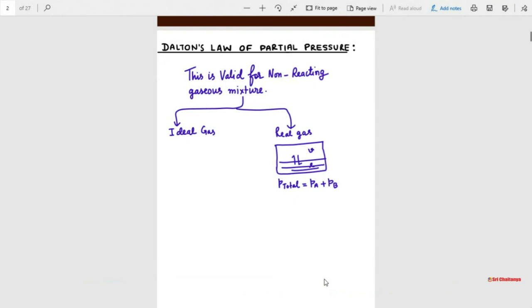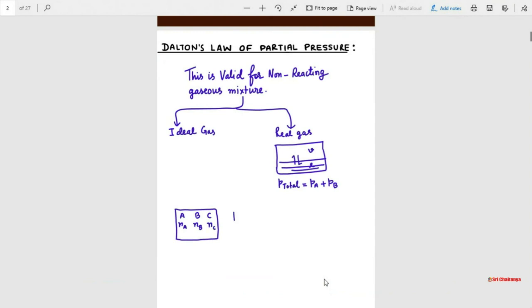So when we are discussing Dalton's law, suppose we have a container in which there are three non-reacting gases. Let these gases be A, B and C. The number of moles of gas A in the container is Na, gas B is Nb, and gas C is Nc.